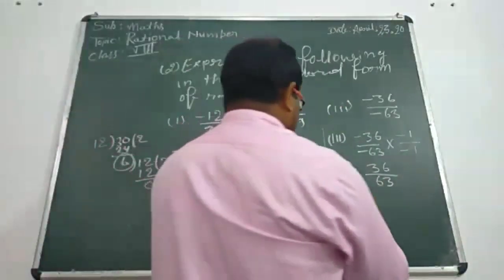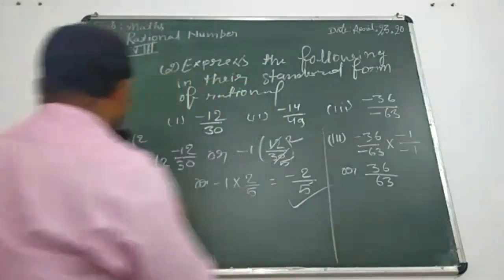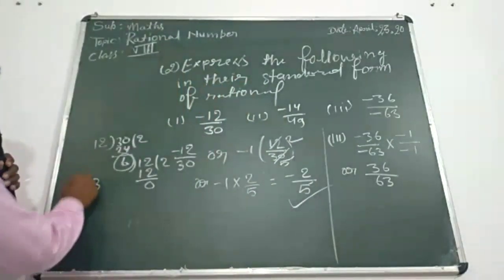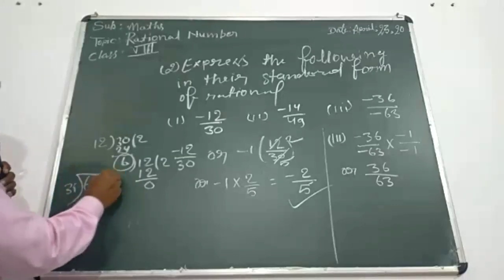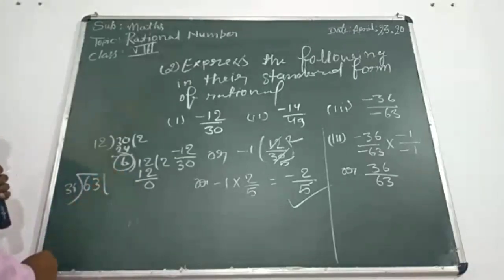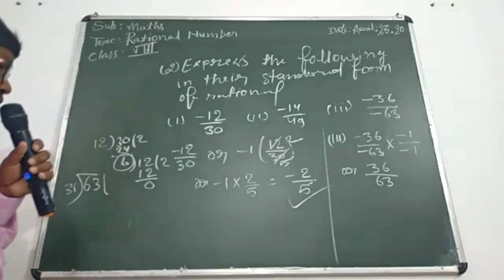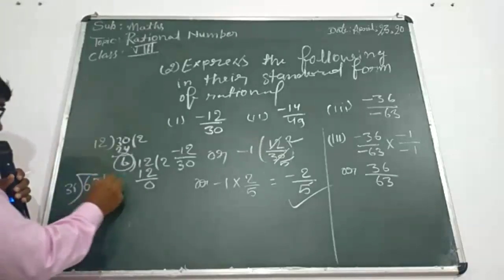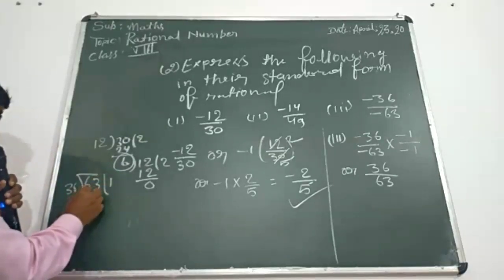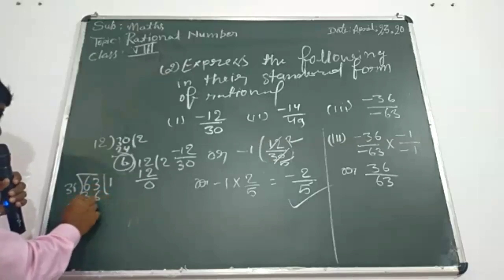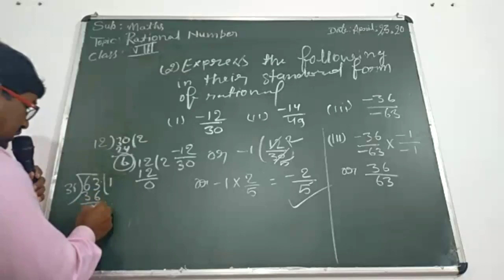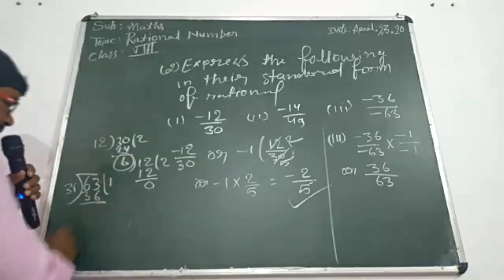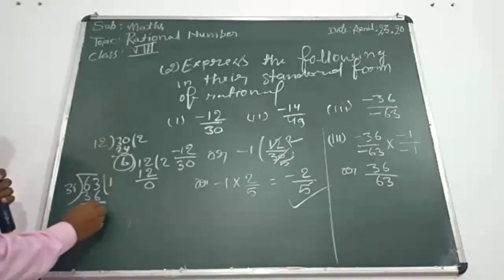Now we should find the HCF. 63 divided by 36: 36 ones are 36, 63 minus 36 equals 27.